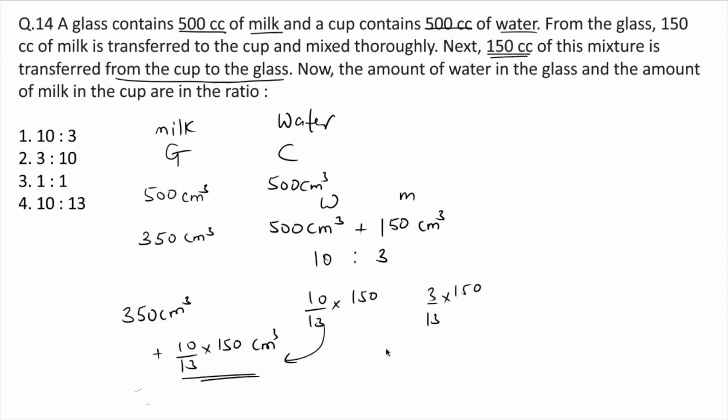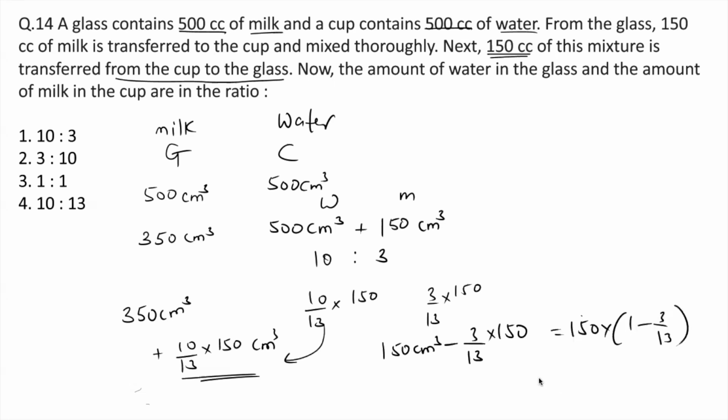So basically it will be the 150 cubic centimeters that we have transferred minus that 3 by 13th of 150 which is leaving. So the amount of milk that is remaining is nothing but 150 common, 1 minus 3 upon 13, that comes out to be 10 by 13 into 150, right?